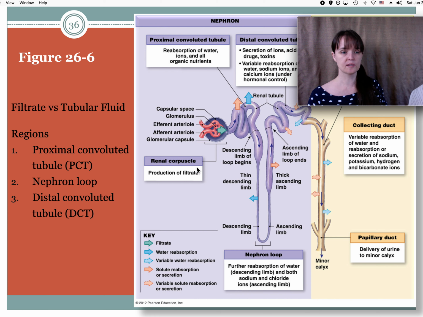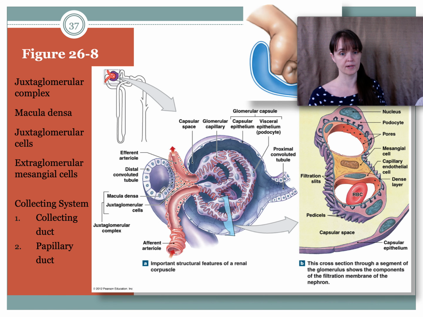The juxtaglomerular complex, let's see if we have a slide for this. Here we go. The juxtaglomerular complex is this thing here, and it regulates blood pressure and filtrate formation. The macula densa are these cells in the distal convoluted tubule.